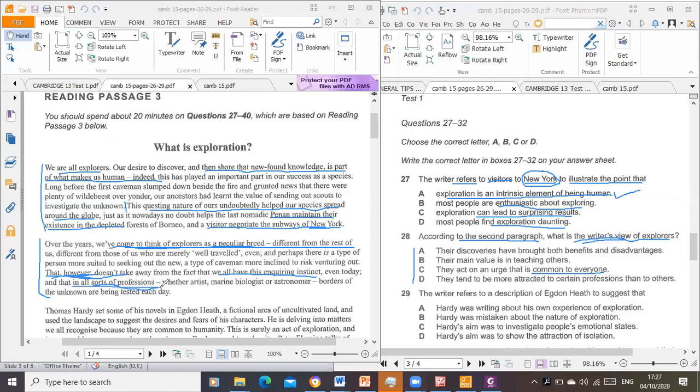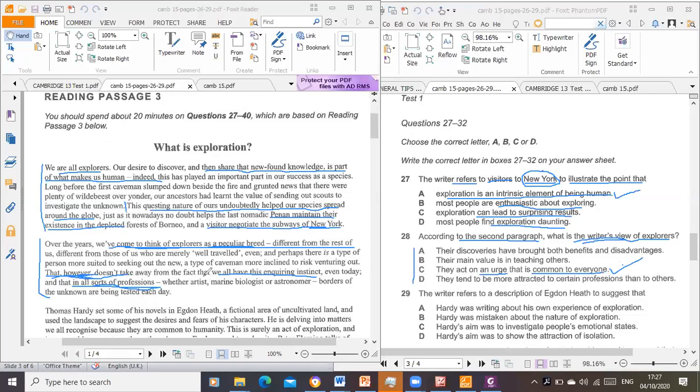So what matters is your understanding of the question, you finding that information, your interpretation of the answers, your vocabulary, and your strategy for saving time. So the answer to 28 still remains C. It was never written in the passage that it is common to everyone, but they talk about an urge.